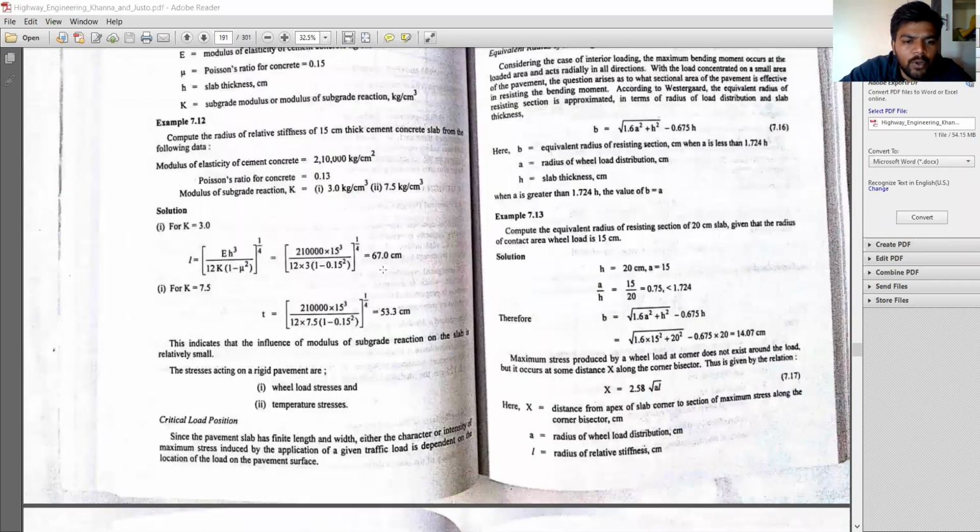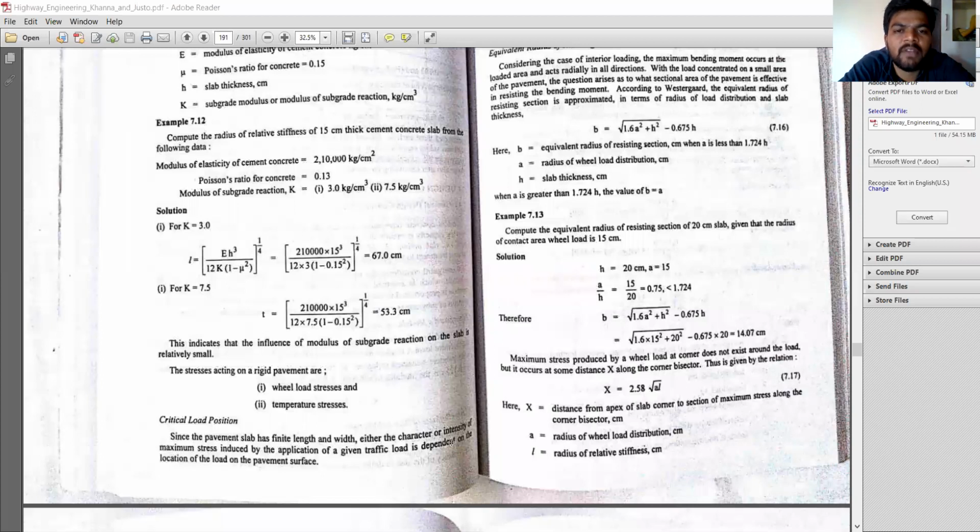Okay. Moving to the stresses. What are the stresses acting in a cement concrete pavement? Stresses in the sense, it is considered as the total load applied, but because of the load there will be stress distribution.